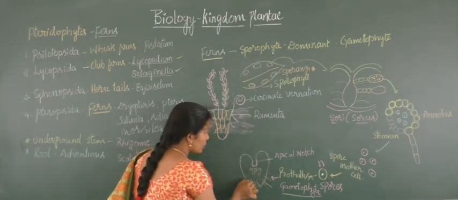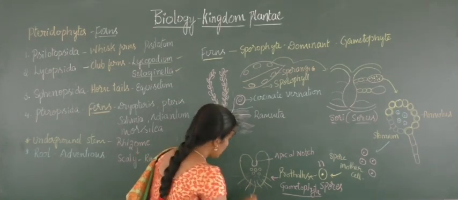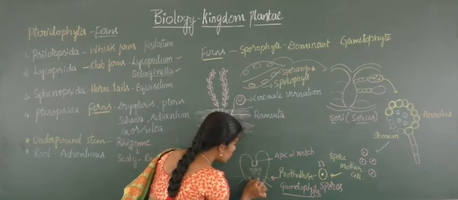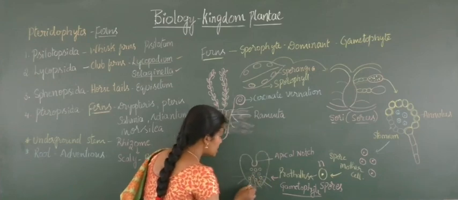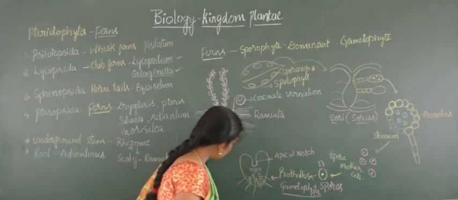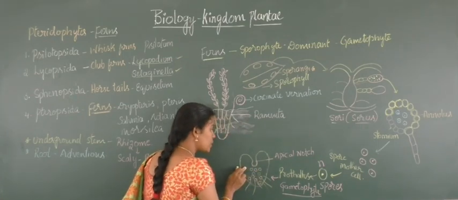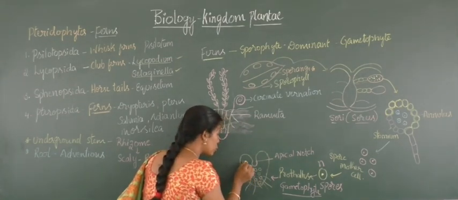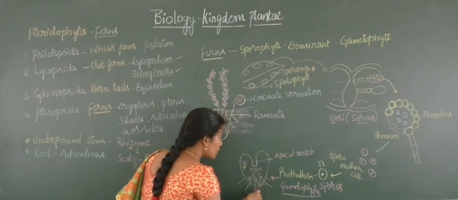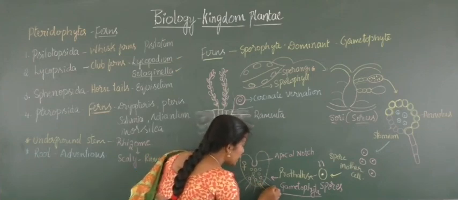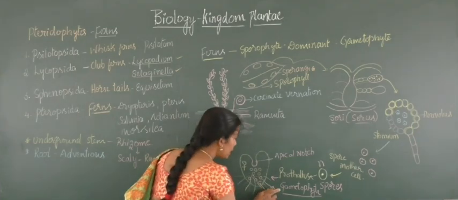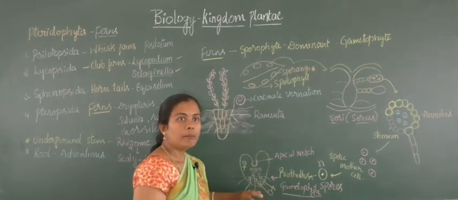So these are the root structures, and closest to the root structures there will be one of the gametes called the male one. So you are clear about this: the one present nearer to the apical notch is the female one, and the one closest to the root structures is the male gamete.